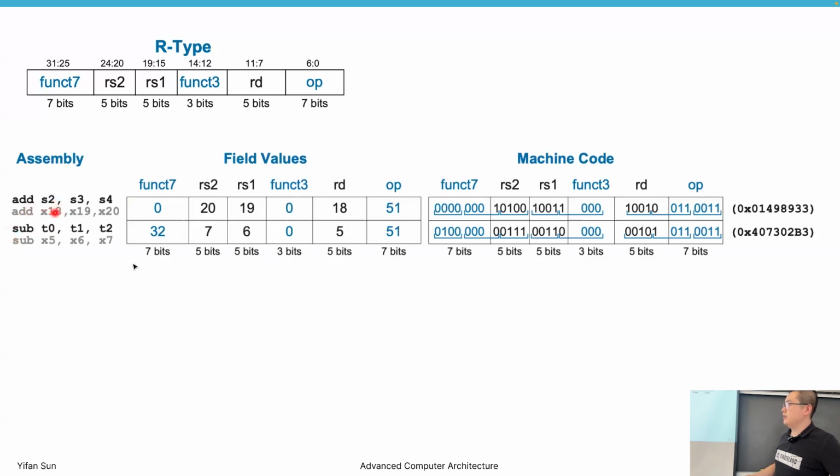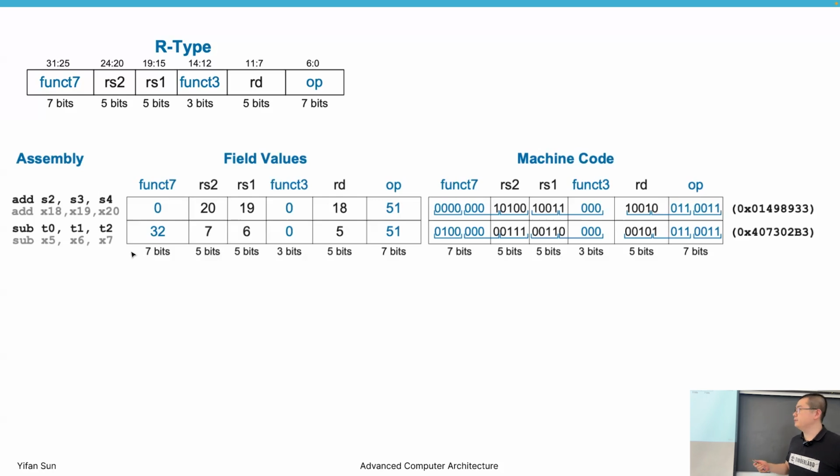One is the architecture name that is always x something, and the other is the assembly name, which is s, t, or other names. You have another table to look up which register name a number corresponds to, and you can convert from a few digits into a string by doing several layers of table lookup.